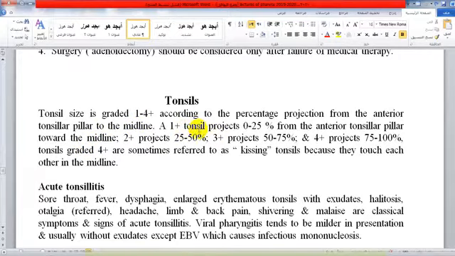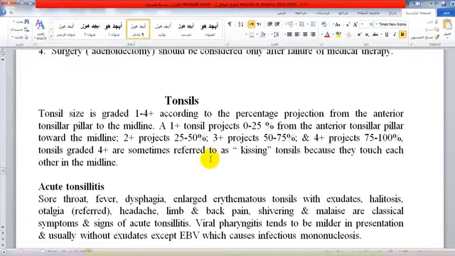Grade 1 tonsil projects 0 to 25% from the anterior tonsillar pillar toward the midline. Grade 2 projects 25 to 50%. Grade 3 projects 50 to 75%, while grade 4 projects 75 to 100%.